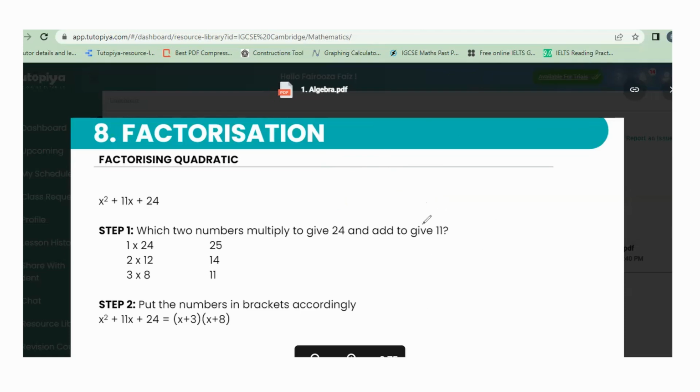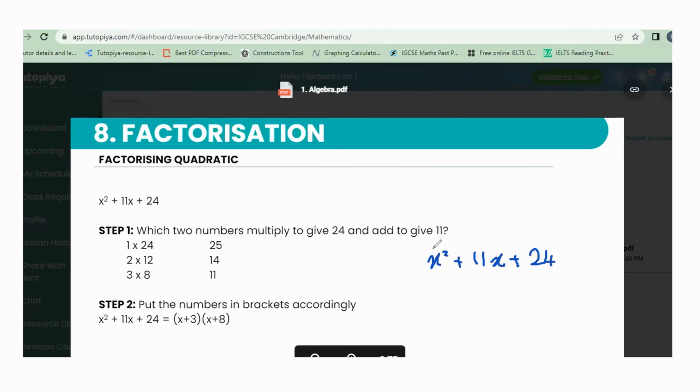Let us take the example, x squared plus 11x plus 24. So what do we do first here? What is the value of a here? Yes, a is 1.